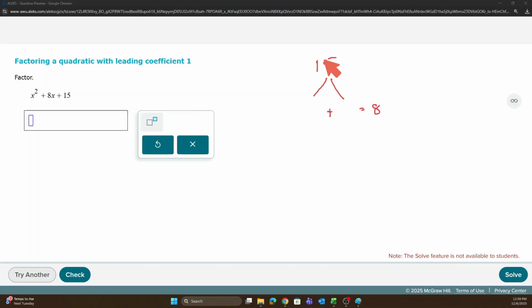So in this case, we have a few options. 15 could be 1 and 15, or 3 and 5. But we know 1 and 15 is not going to work because when you add those together, you get 16, so it's not that one. But when you add these together, you get 8. So we're going to go with this one.